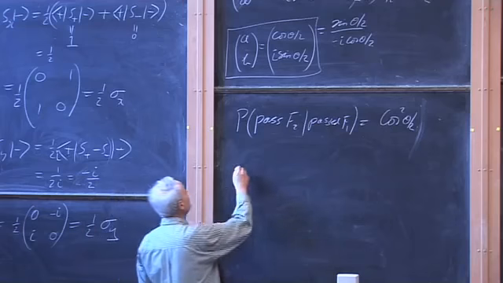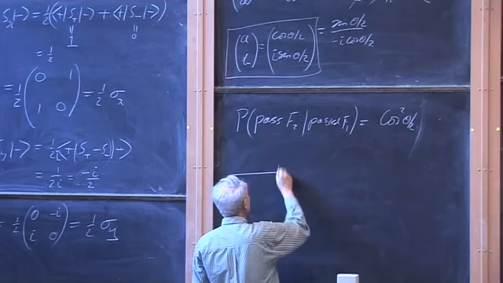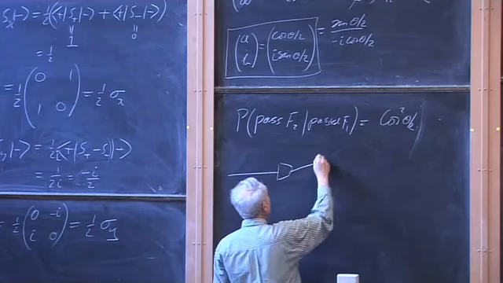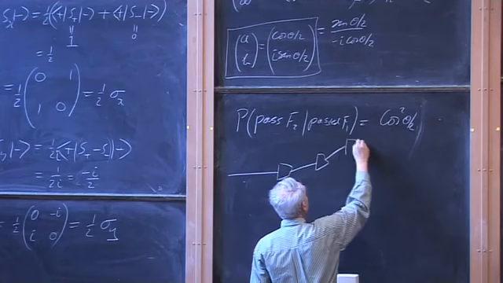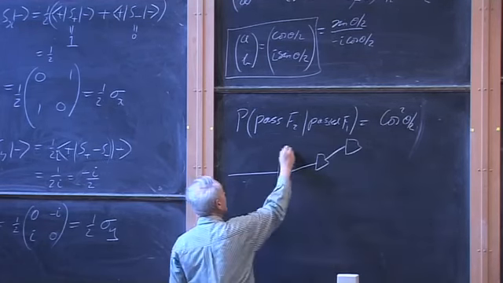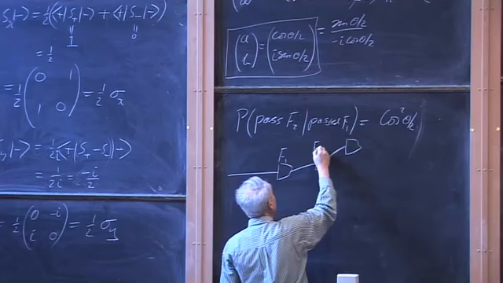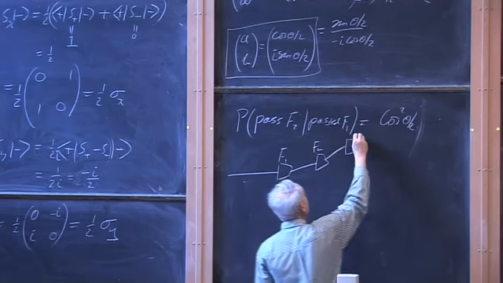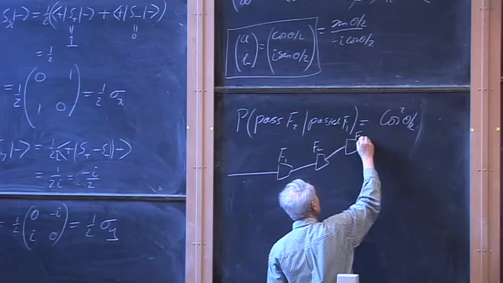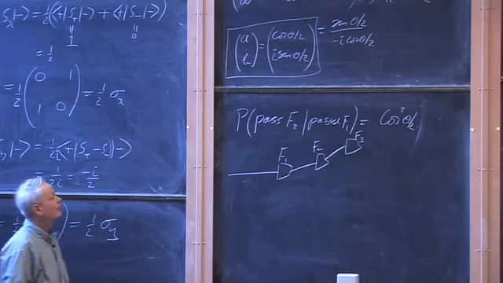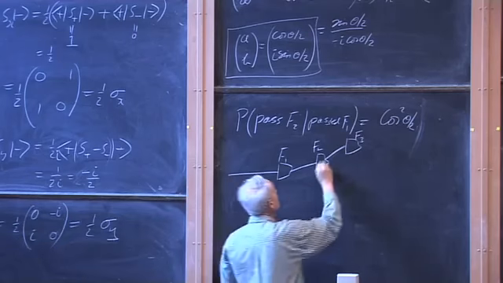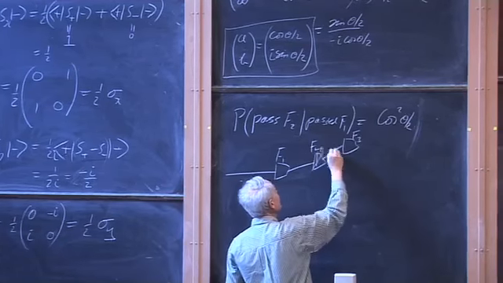Okay, we won't do this in all detail, but let's just sketch it out. Suppose we have another filter. So we have F1 as before, and F2 as we've just calculated. Now suppose on the output of F2 we include F3. This one is going to measure in the theta direction, as said.